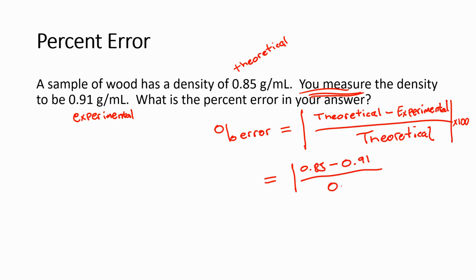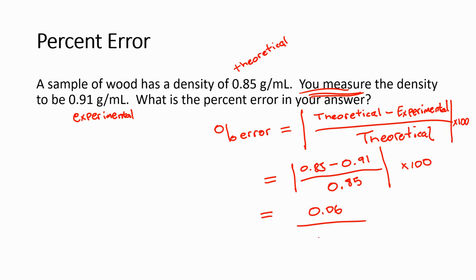We're dividing by our theoretical value, 0.85, and we're multiplying by 100. Because we're taking the absolute value, we should always get a positive answer. But you'll note, as soon as I say 0.85 minus 0.91, I have a negative value. It's negative 0.06. I'm going to go ahead and make that positive because of the absolute value.